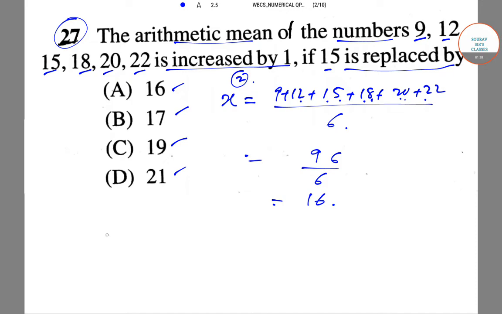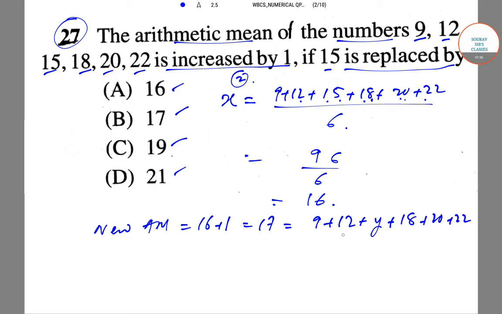So the new arithmetic mean will be 16 plus 1, which will be equal to 17, and this will be equal to 9 plus 12, and 15 is replaced by some new number, suppose y, plus 18 plus 20 plus 22 divided by 6. So the sum above will be 96 minus 15, which is 81, plus y, by 6, and this will be equal to 17.